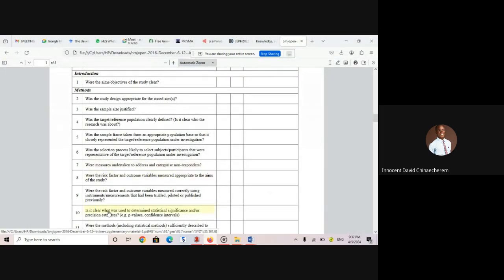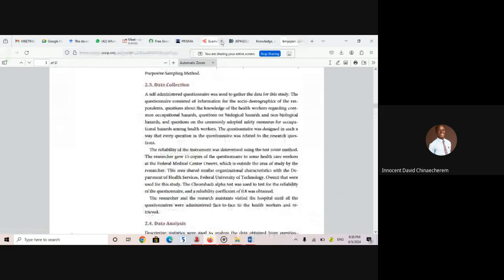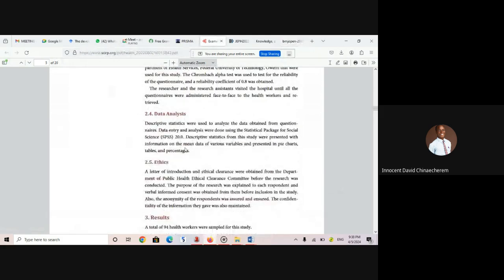Is it clear what was used for statistical significance or precision estimates, such as p-values? Now we look at our data analysis. I clearly stated it there in my data analysis. You see, it was not stated in my paper, the p-value wasn't stated.